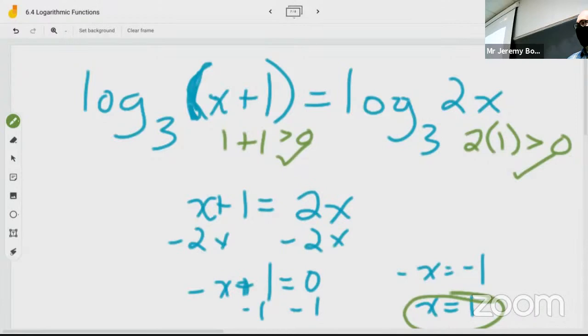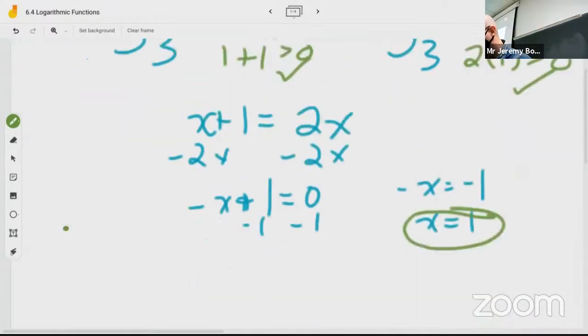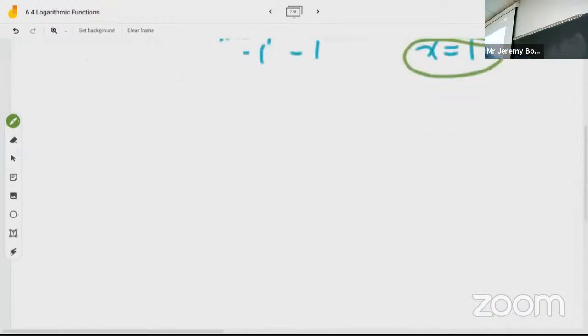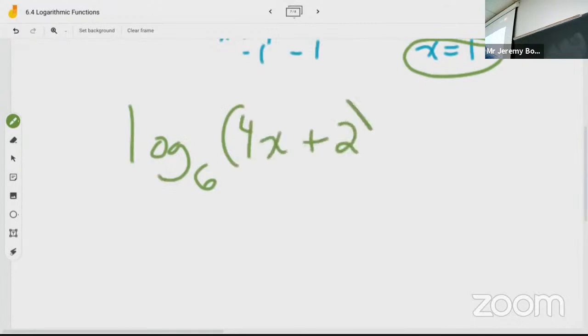Any questions on that? Quick example of that. I have one in my head, so let's see if it works out. Let's say log base 6 of 4x plus 2 is equal to log base 6 of x.